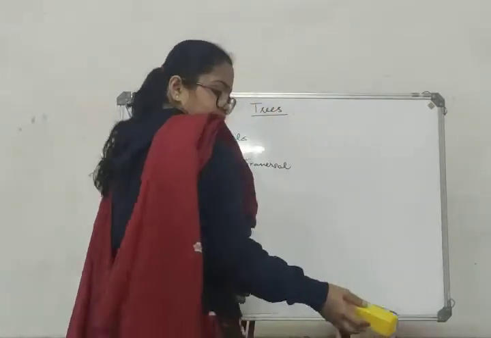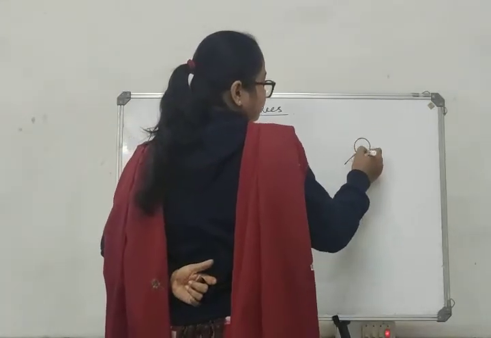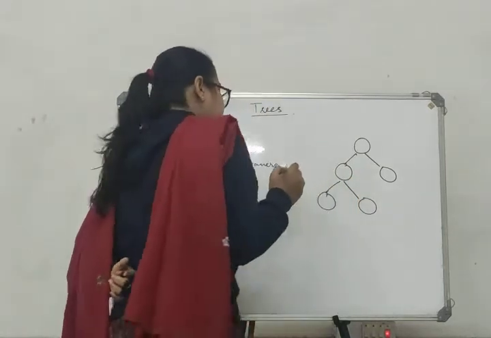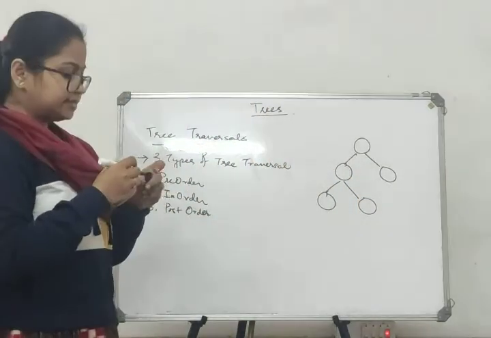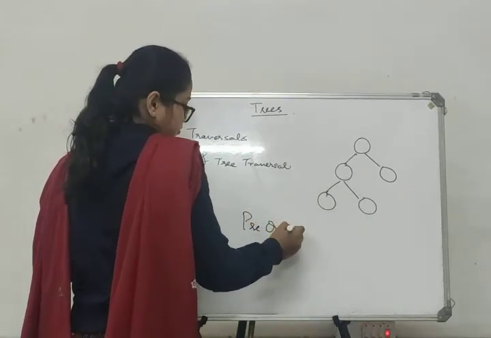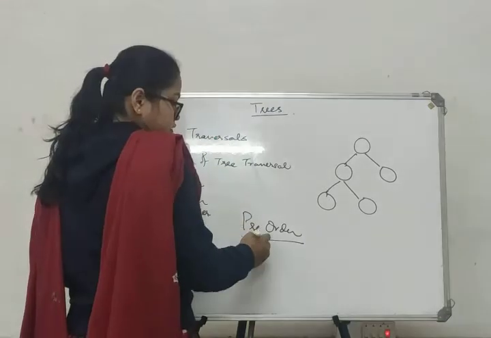We will see now. Given a tree, taking the same example, pre-order says that first visit the root.